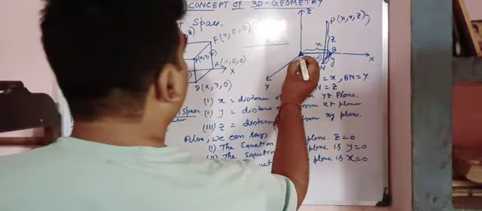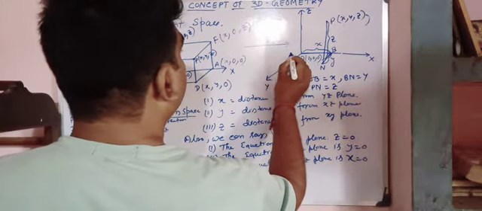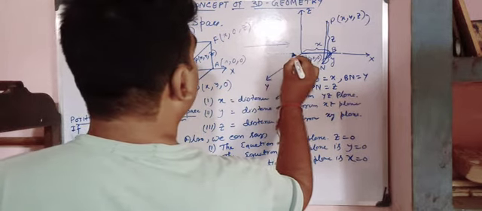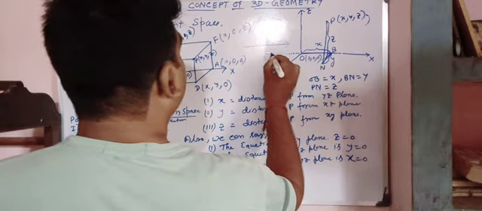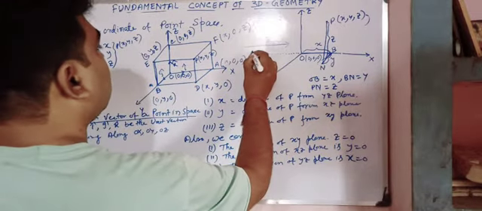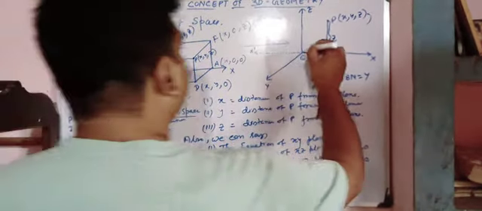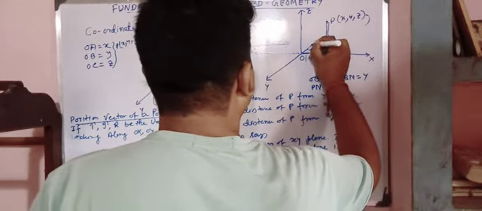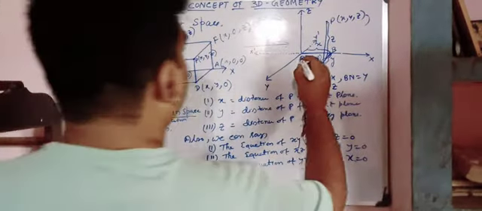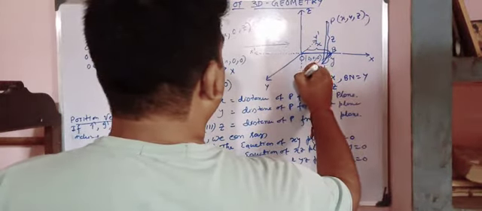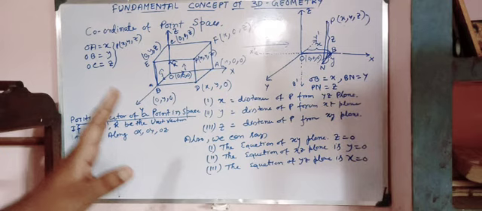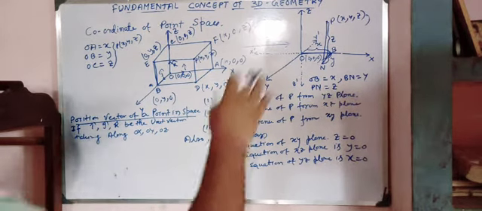For that, we have to draw like this. The x-axis moving through is the x dash, negative x. Next, the y moves along there, so this is my y dash, negative y, and from the origin this is my z dash or negative z. So negative is also present. Understood that? I am taking here only positive.